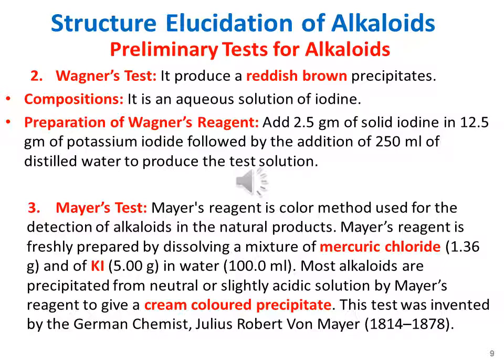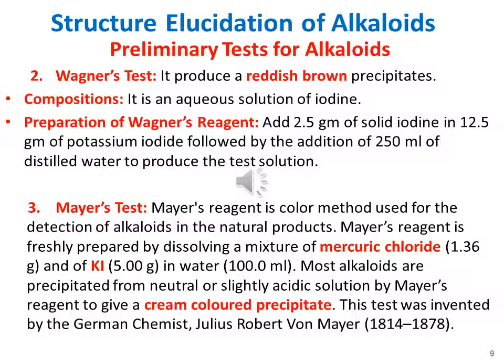So, add 2.5 gram of solid iodine and 12.5 gram of potassium iodide, followed by the addition of 250 ml of distilled water, to produce the Wagner's reagent. The third most widely used chemical test for the detection of alkaloids in the natural products is the Mayer's reagent. Mayer's reagent is a colored method used for the detection of alkaloids in the natural products.